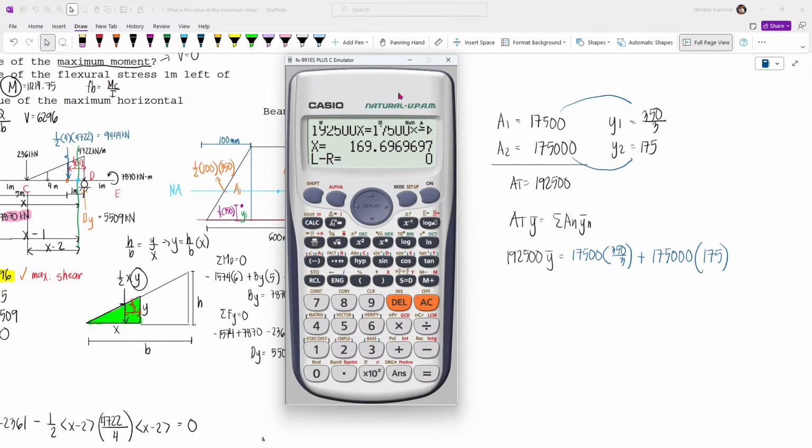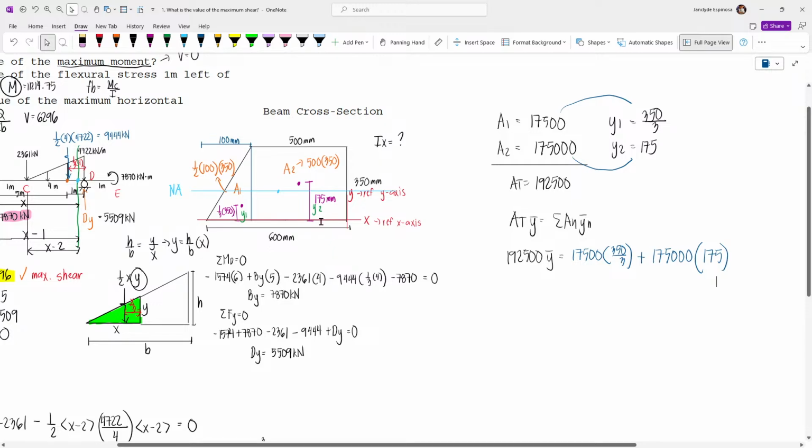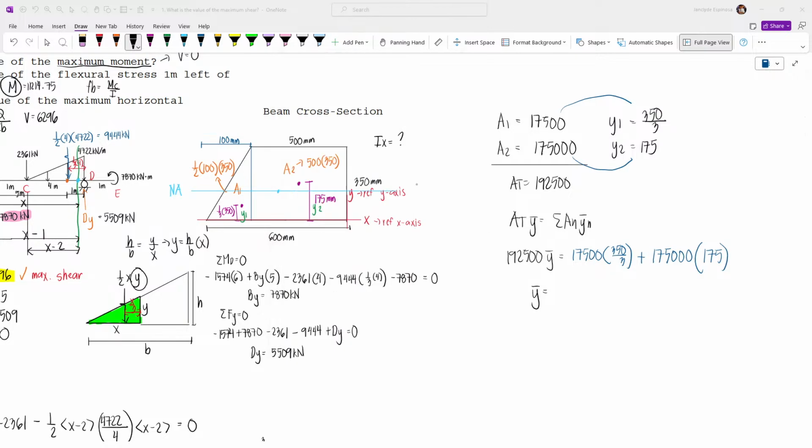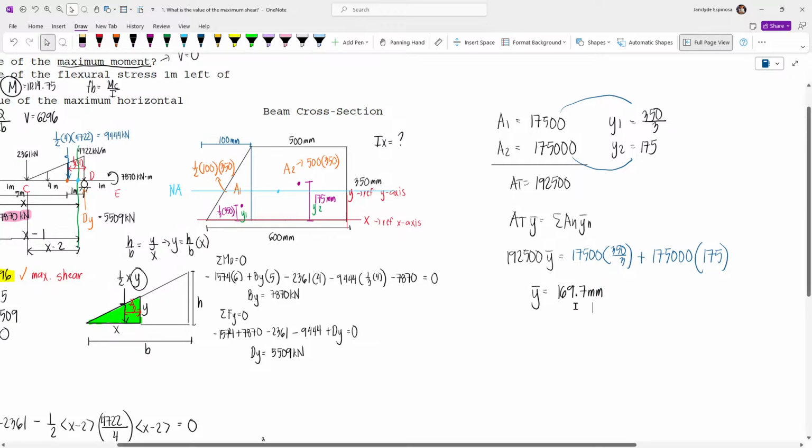Ang atong barred Y, 169. So, di ba 169 lesser than 175. Ato na lang siya mo ang 169.7. Kana 169.7 mm.